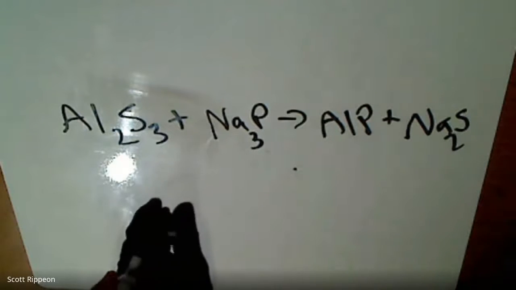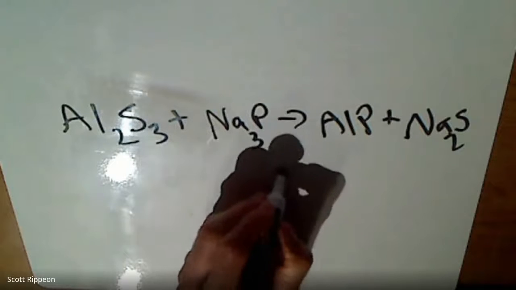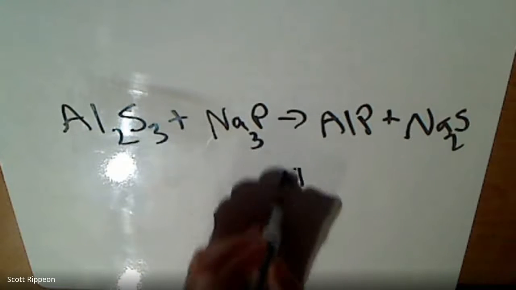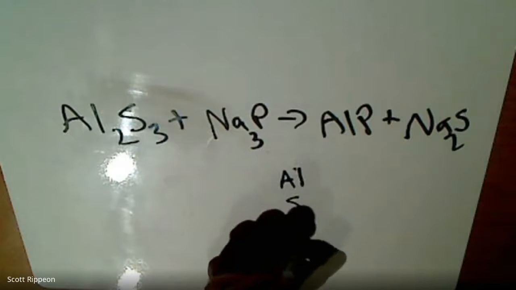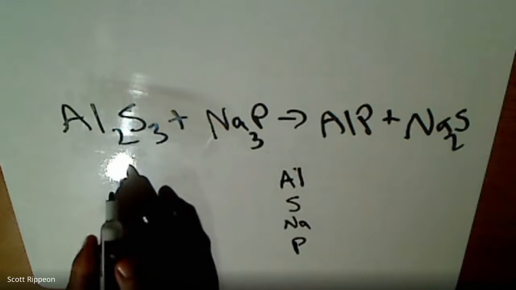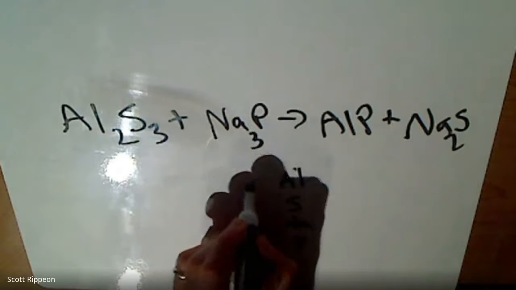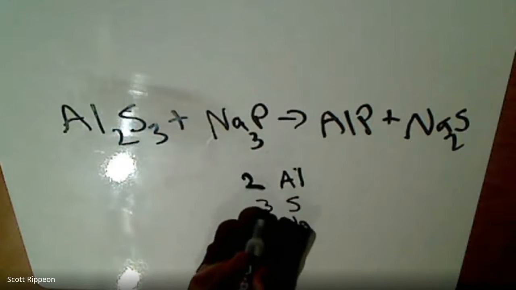So I'm going to count each type of atom. I'm going to go through and go, okay, I've got aluminum, I've got sulfur, I've got sodium, I've got phosphorus. So now I start to count. Aluminums, 2. Sulfurs, 3.